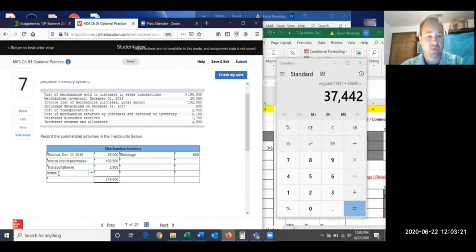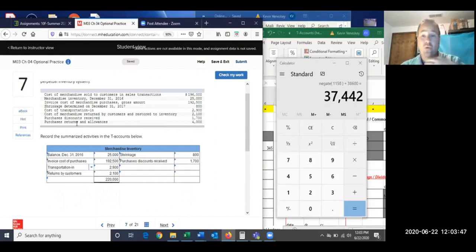Cost of merchandise returned. Let's see what they want here. Returns by customers, 2,100. Now, purchase discounts that we received. So purchase discounts received. Yes, we get to take it off.